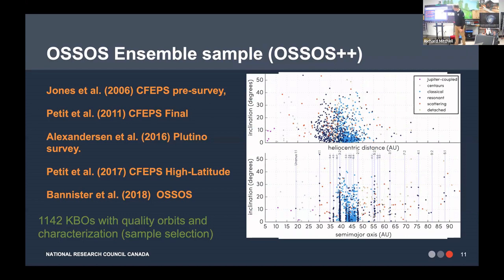We've done these projects for 2 decades now, and it's very hard to find things in this distant region of the solar system. But we do see this little zone here at around 40 to 50 AU, which is really compact. And we think that's telling us something about how planets formed.